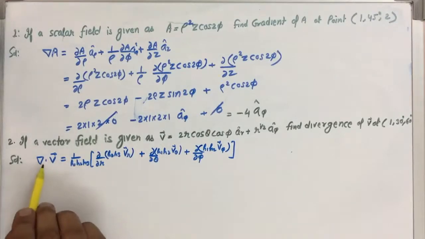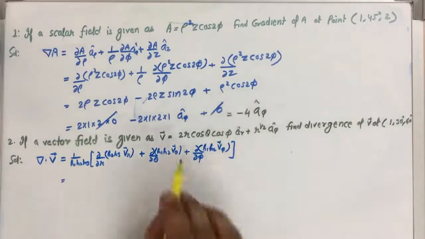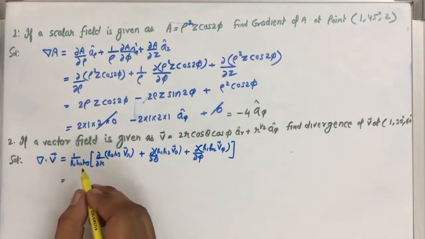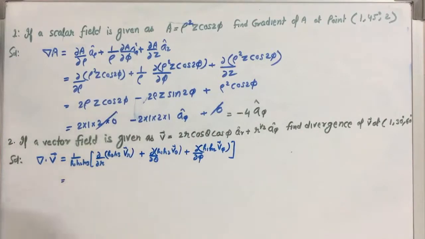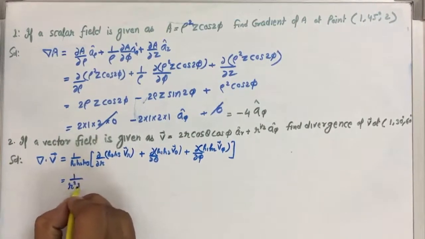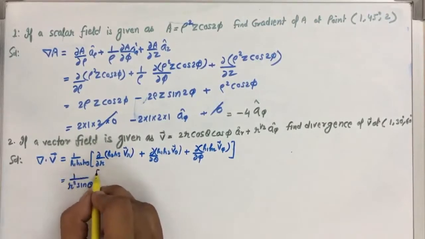Now this will be a scalar quantity. Now simplify this based on this statement. h1, h2, h3 will be, we know, 1, r and r sine theta. So it will be 1 by r square sine theta.